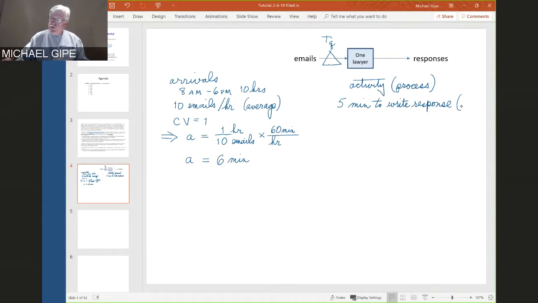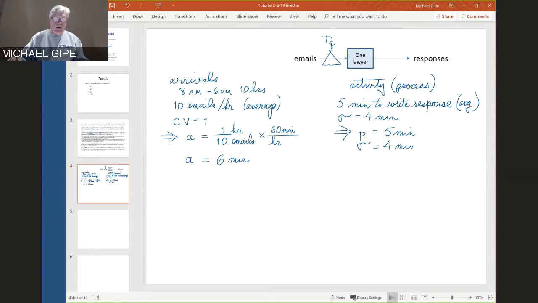That's on average. And that the standard deviation of this time is 4 minutes. And of course, we can extract from that information that we have a process time P of 5 minutes, and our standard deviation, of course, of 4.